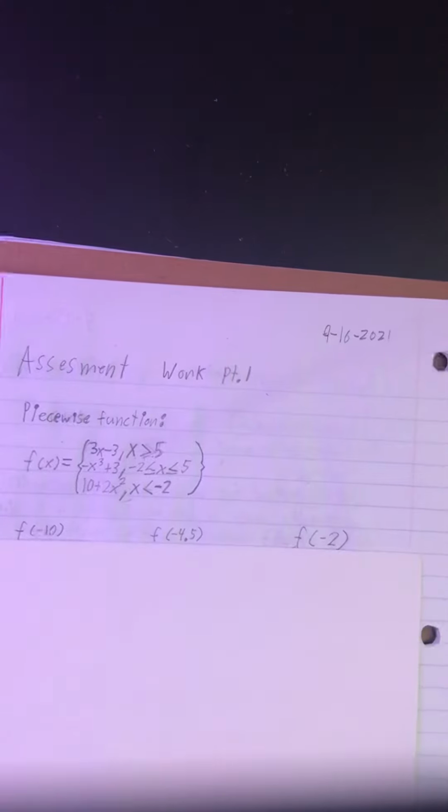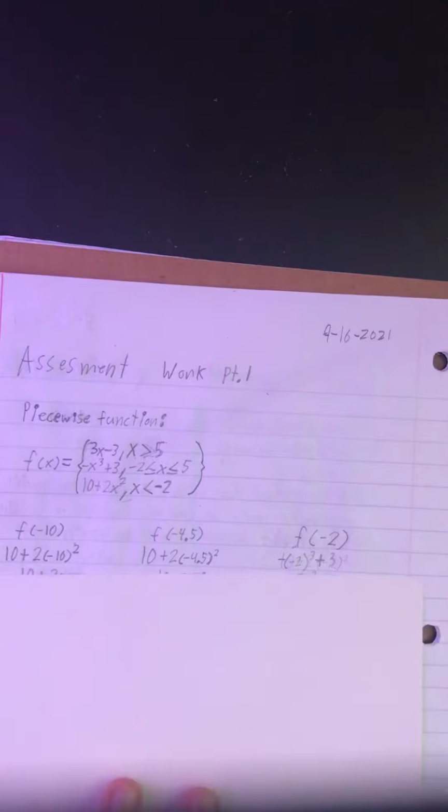Looking at the third x value, we have negative 2. Negative 2 is not greater than 5, so not the first one. And negative 2 is not less than negative 2, so we won't use the third one. So this time we're going to be using the second equation because negative 2 is equal to negative 2. Plugging in negative 2 as the x, we get negative negative 2 to the third plus 3.